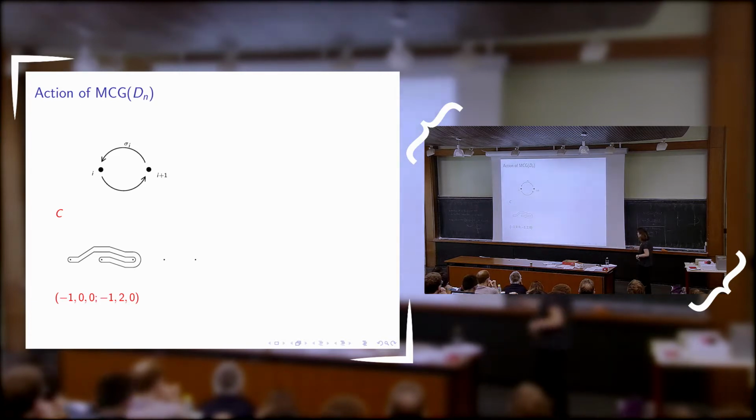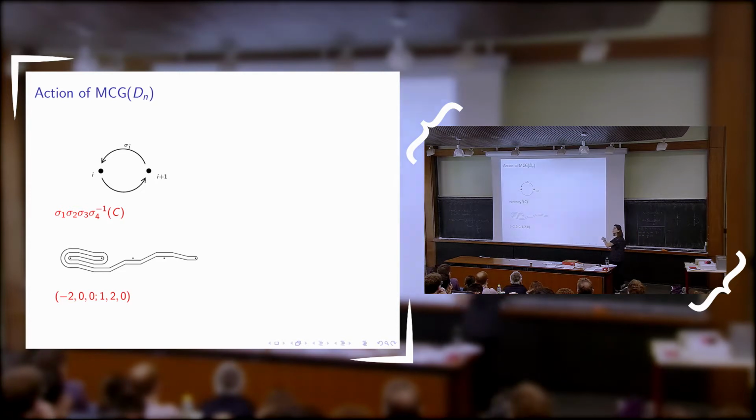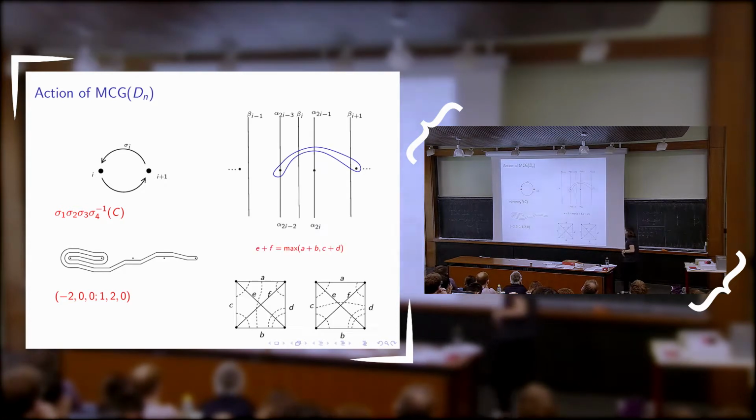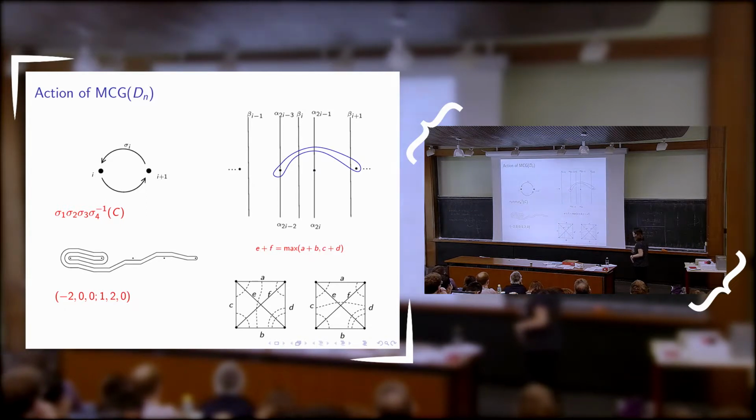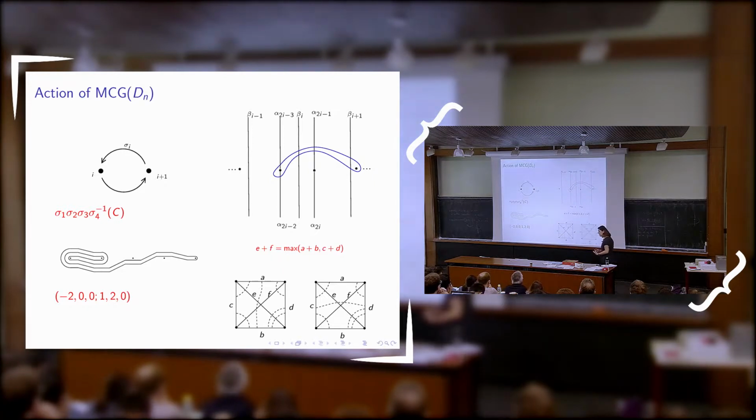So I have a curve, and I want to see how my curve changes under a braid, how the Dynnikov coordinates of the multicurve change under the action of a braid. That's what I want to do. And I make use of a very well-known lemma, this trick here. Assume that these are rectangles, and I have vertices here. Assume that these vertices correspond to the punctures on the disk. And I have a multicurve, which means that the components are simple closed curves.